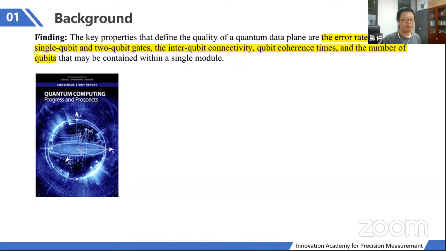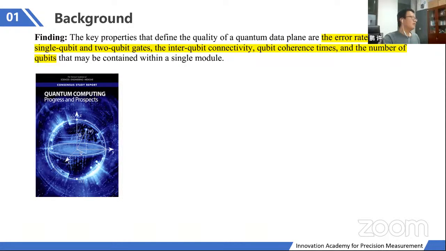big progress on other platforms, is there any chance for our neutral atom systems? If we look into quantum computers for further development, is the current status enough?